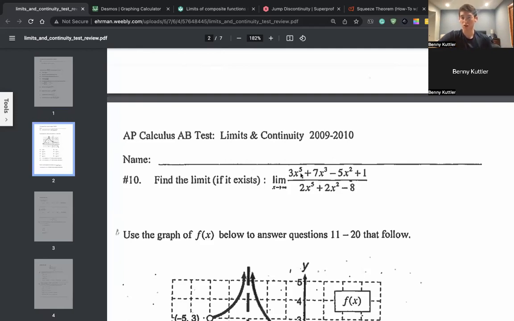So if we look here, the degree of the leading term, which just means the highest exponent on the top or the highest exponent on the bottom, is the same on the top and the bottom. So if we take a bunch of derivatives until that x to the fifth just goes to a constant, then it's going to be a constant over a constant, which is good for our limit purposes, especially if it's going to infinity, like in a horizontal asymptote.